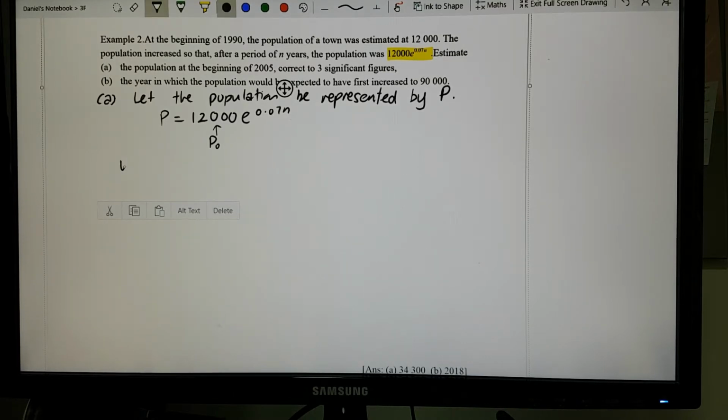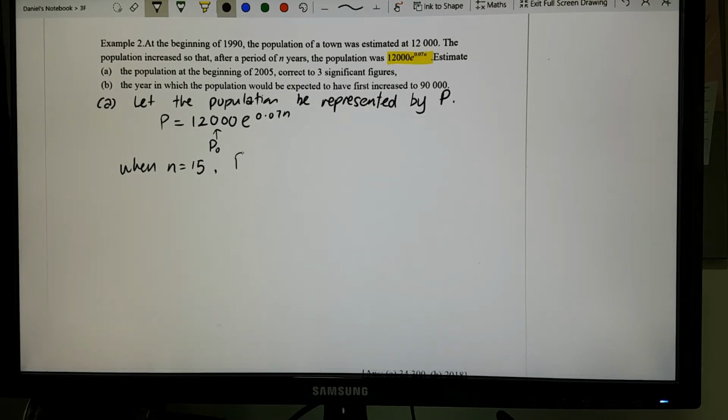So when n equals 15, from 2005 you take away 1990, you get 15, my population is 12,000 times e to the power of 0.07 times 15. The 15 is in the power, 15 times 0.07, so what you should see in your calculator is 1.05.